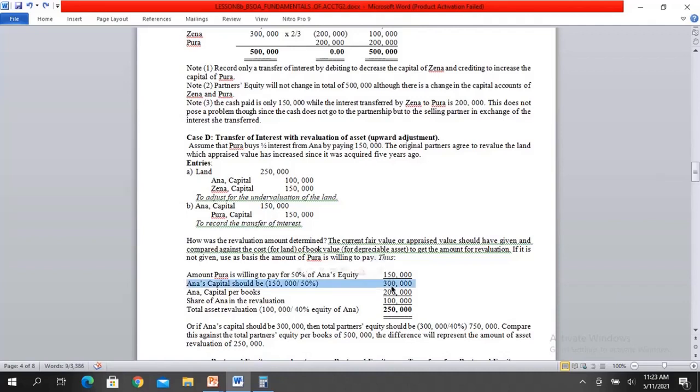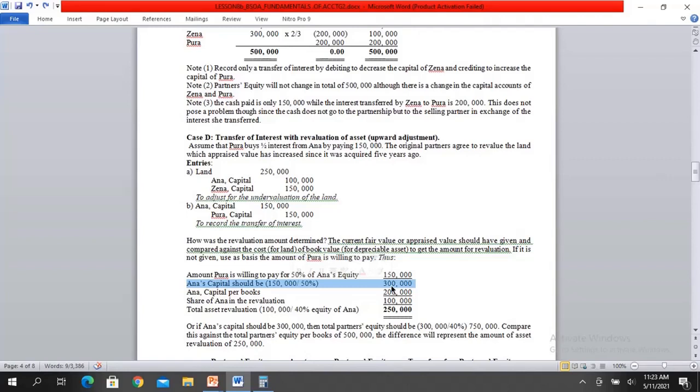Ayan, kasi yun yung kabuuan or yung 100% ng amount ng Anna's capital, or 50% of the Anna's capital na gustong bayaran ni Pura. Ayan, so 150,000 yung willing na ibigay ni Pura divided by 50% is 300,000 dapat yung capital ni Ana.